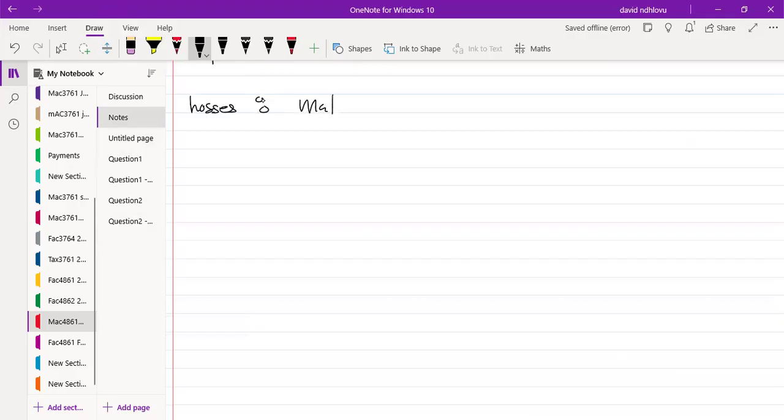These are material losses in the production process.